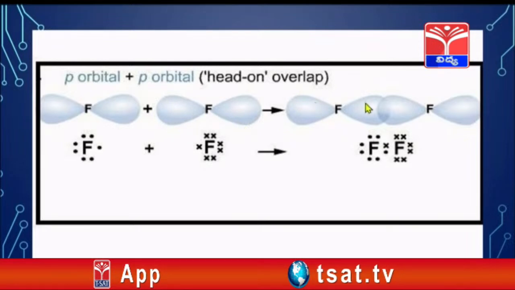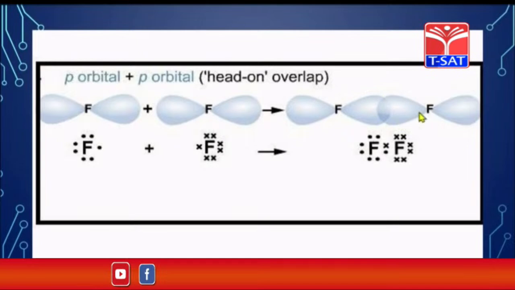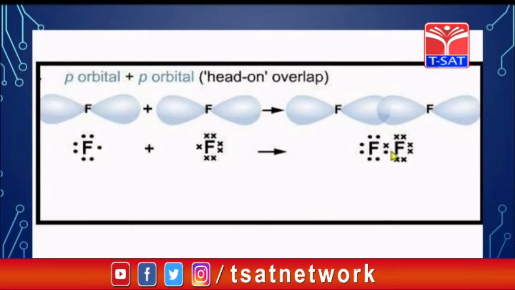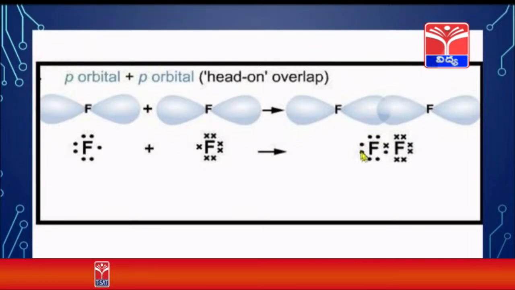So head-on overlap takes place, thus forming a sigma bond due to the overlapping of p orbitals. Now after the overlapping, the unpaired electron has got its pair and each fluorine atom is sharing 8 electrons. So this fluorine atom has 8 electrons, and this fluorine atom also has 8 electrons.